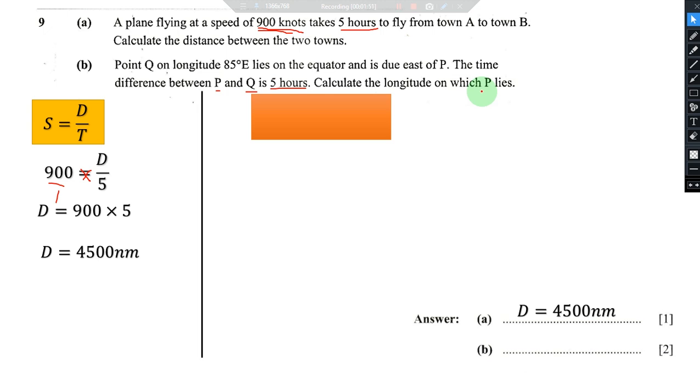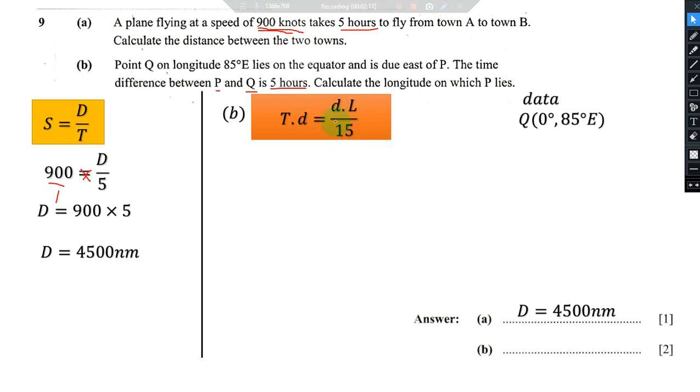To help us calculate this question, first of all, we need to remember that formula that we normally use when you're calculating time difference. Under earth geometry, there is the part where we're calculating time. So the formula is: time difference is equal to difference in longitude divided by 15.